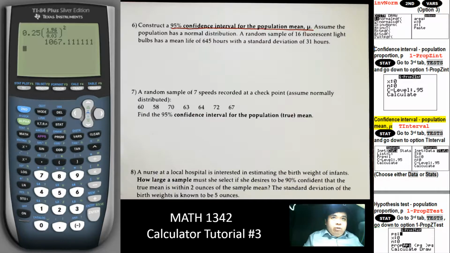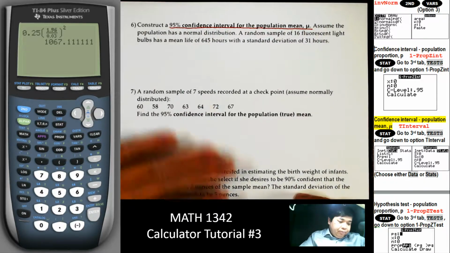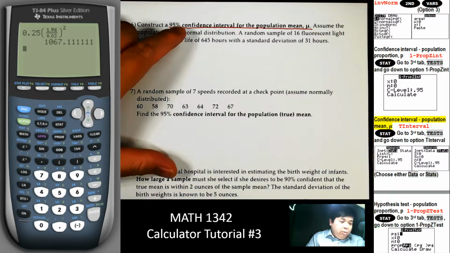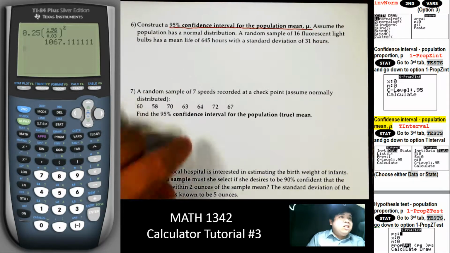Right, confidence interval for the population mean. Right, and that will do the t interval as you see on that side. The t interval, we can have the data or the statistic. We have one for the data and one for the statistic.